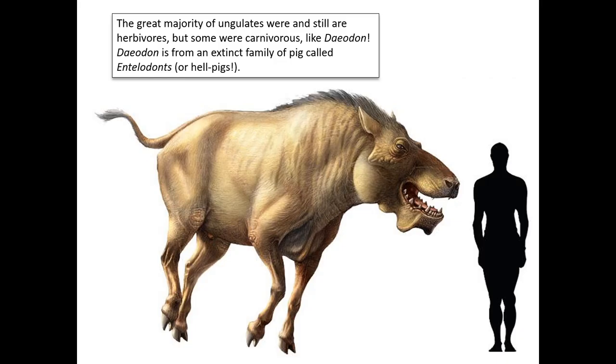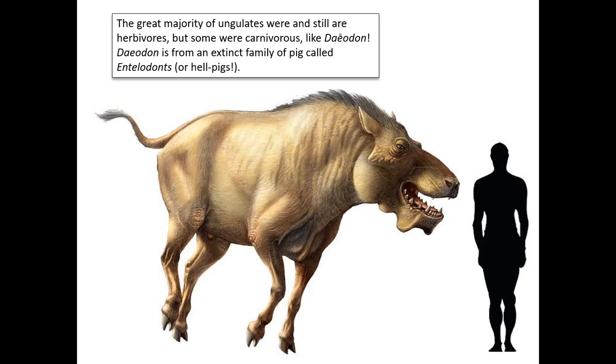Another thing that I just think is kind of interesting is that while most ungulates, you think of them as kind of grass-eating goats, horses, right, herbivores. Not all of them were herbivores. I guess there are some carnivorous ungulates still, but this was a very large carnivorous ungulate that existed during the Cenozoic. It's now extinct, thank God.